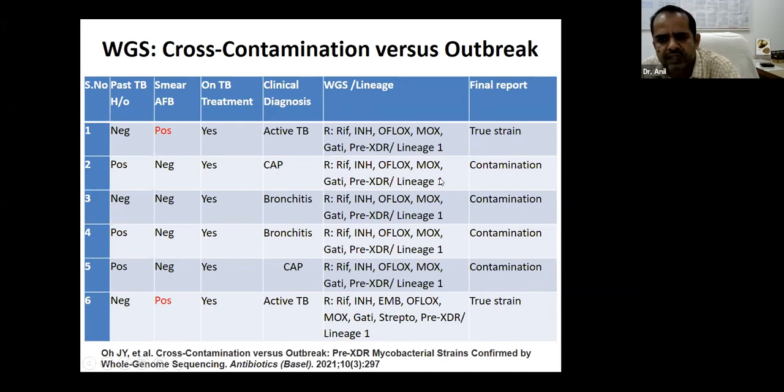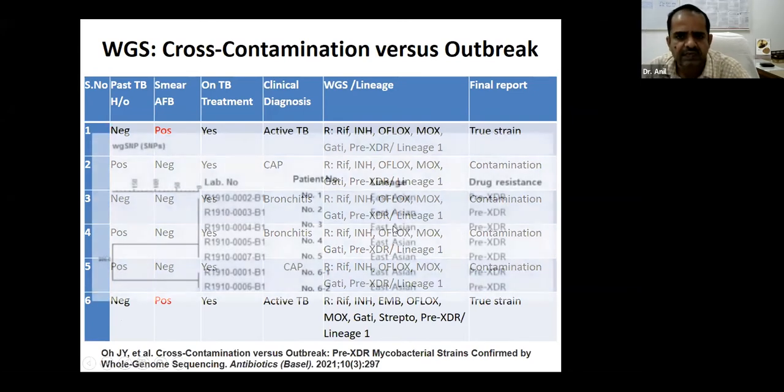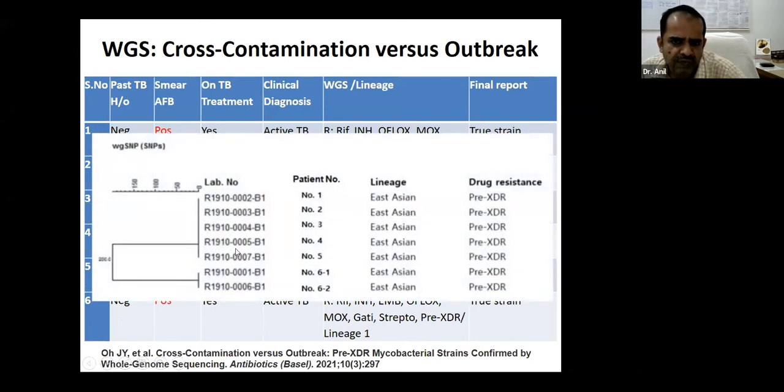On whole genome sequencing, they found all were lineage 1. All had the same pre-XDR pattern, except for number 6, which had a different pre-XDR pattern. So all isolates number 1 to 5 had the same pre-XDR pattern, and they were all lineage 1. And when they did a cluster analysis, they found that isolates number 1 to 5 were clustered together because they had less than 10 SNPs.